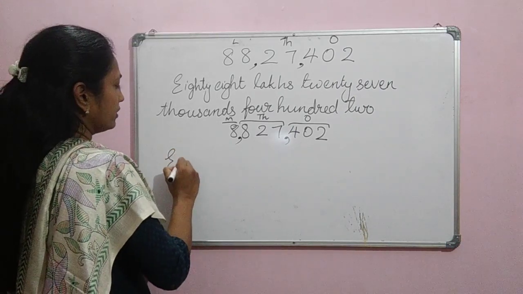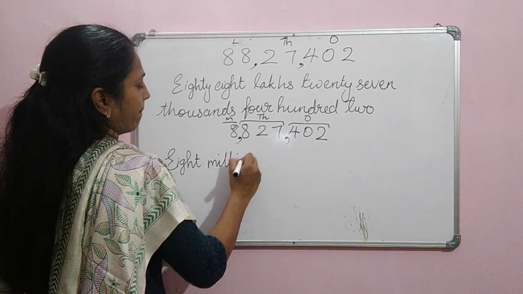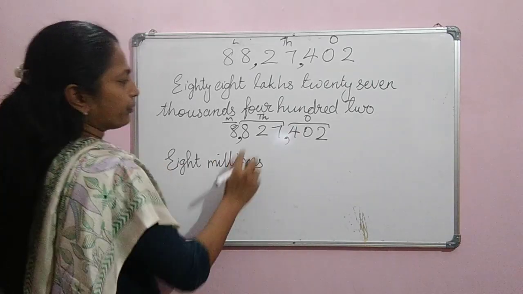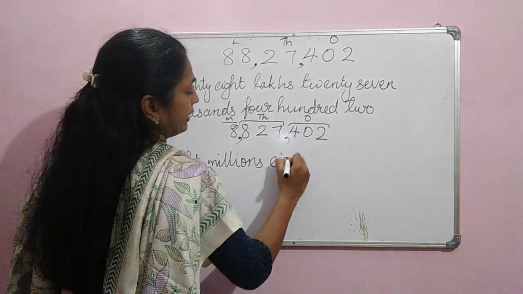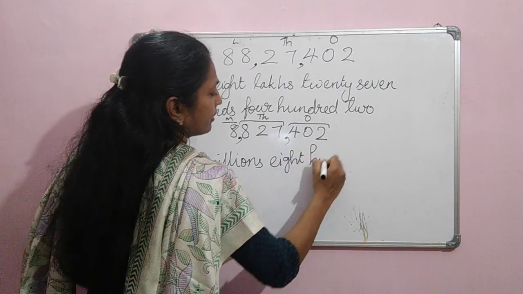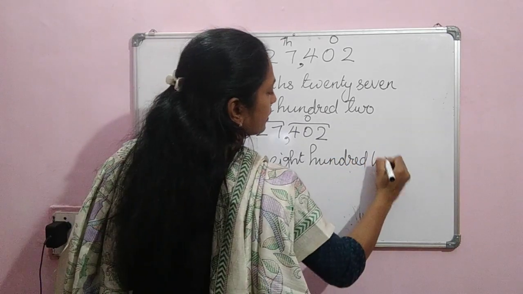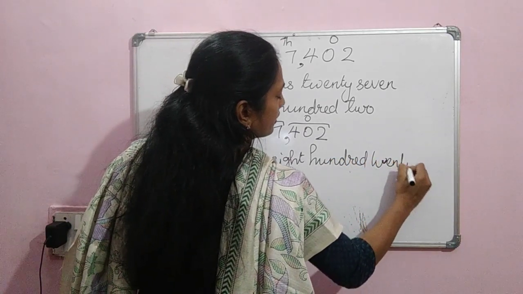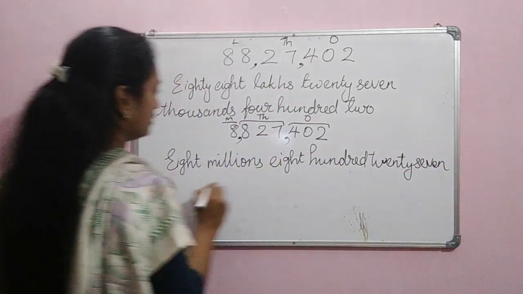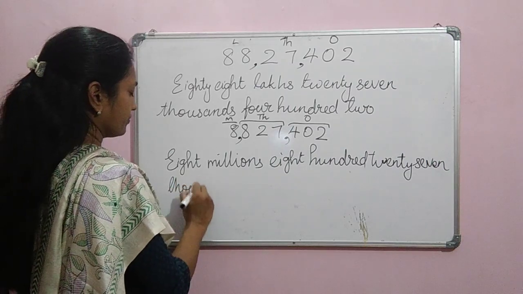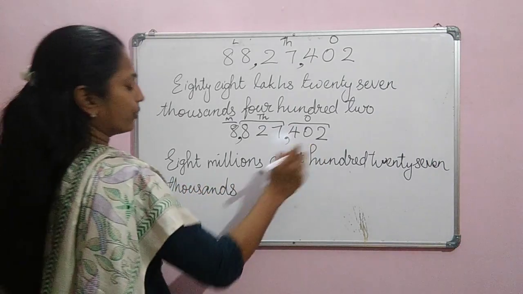So we start with the 8 millions. Thousands group, 827 thousands. 27 thousands. And we have 402.